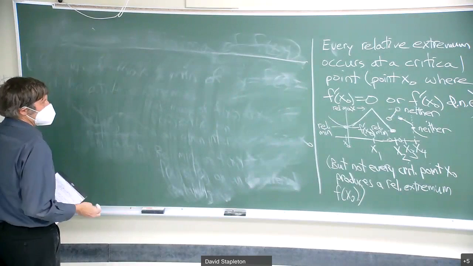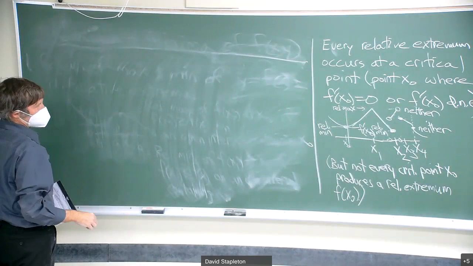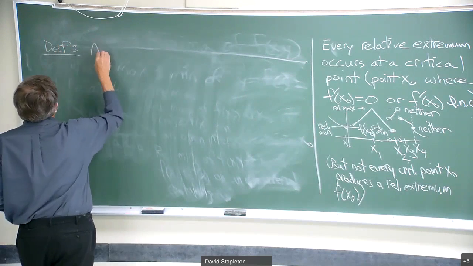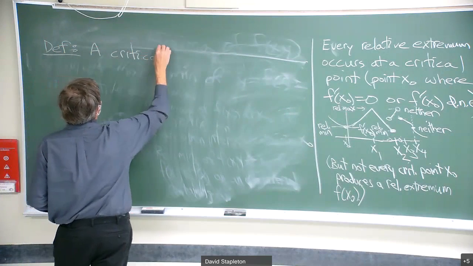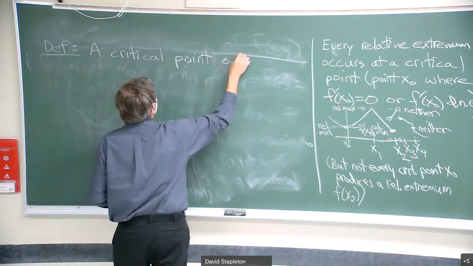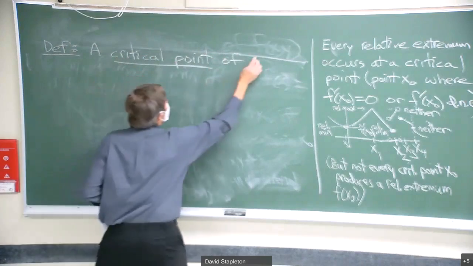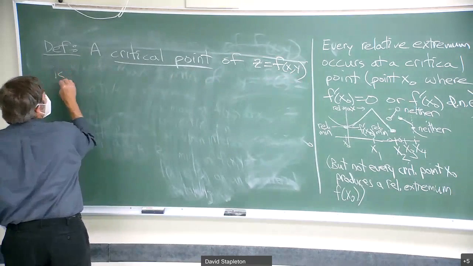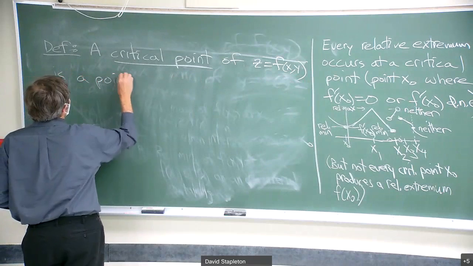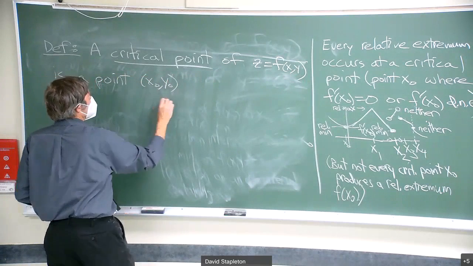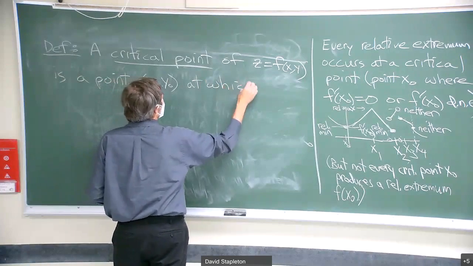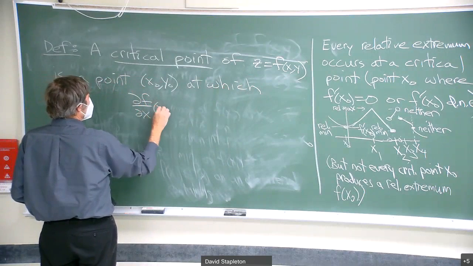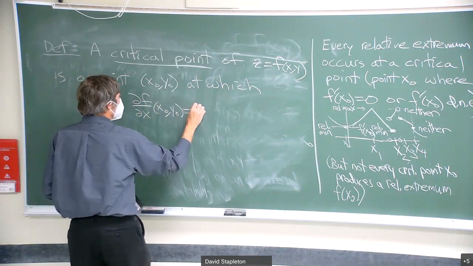Now similarly here, in order to narrow down the places we're going to look, we're going to say a critical point of a function of two variables is a point in its domain, now a two variable point, x0, y0, at which both partial derivatives are equal to 0. df dx and df dy are both 0.